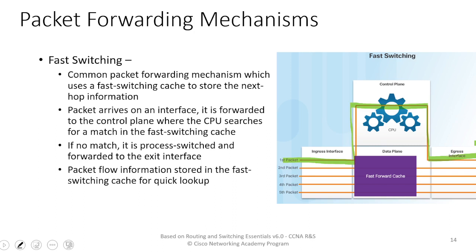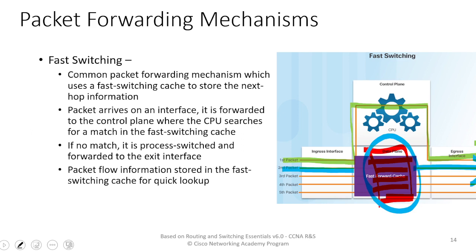Once the decision is made, that information will be stored in a cache. So now the advantage is, if another packet comes in and matches an entry in the cache, we can directly use that information for the packet.